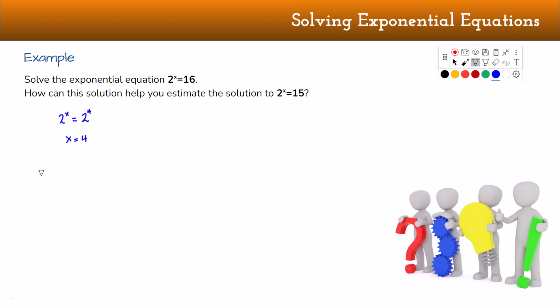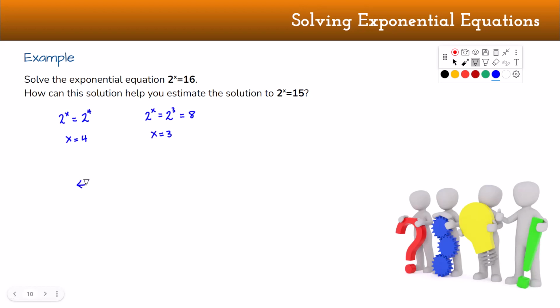So how can this help us to estimate the solution of this one? Well, what I would do in this case is solve 2^x = 2 cubed, where 2 cubed is 8. So this means that x equals 3.